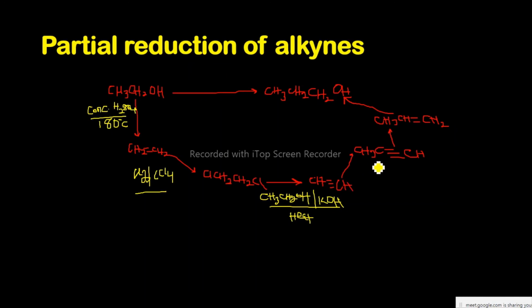Now here, from ethyne, we can form propyne by adding a carbon atom, because that's our interest. This occurs in 2 steps. In the first step, we add sodium in the presence of liquid ammonia.